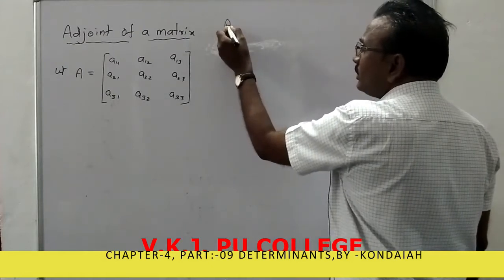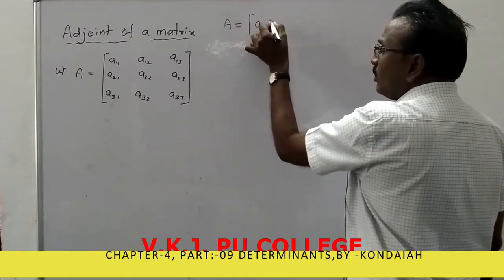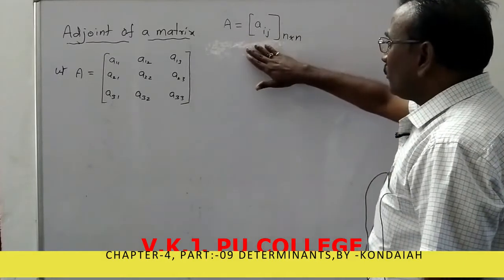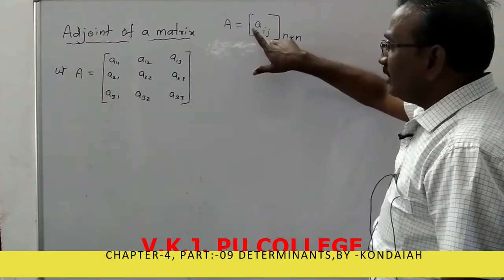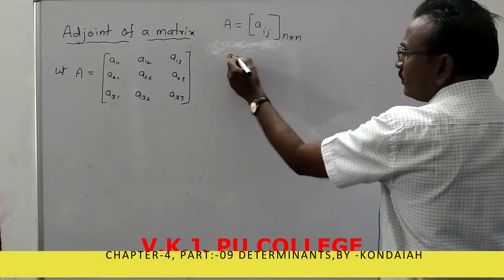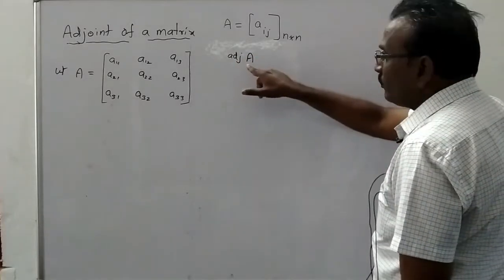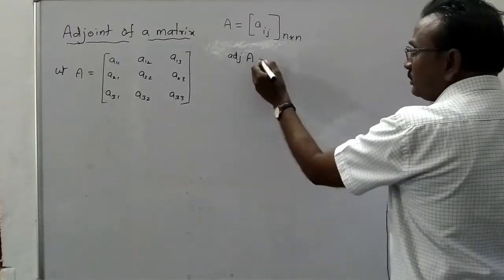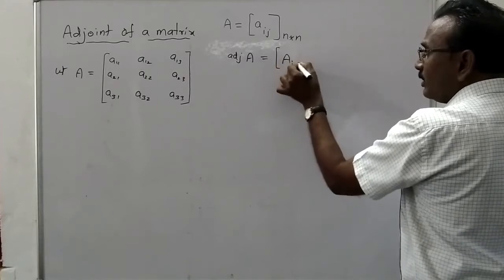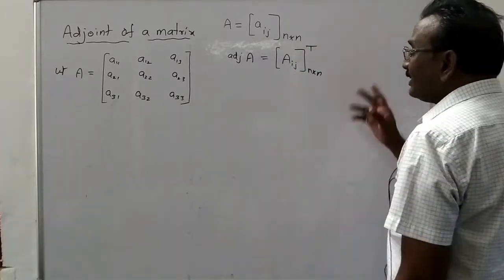Suppose A is a square matrix of order n by n whose elements are Aij, that means A11, A12 and so on. Then the adjoint of matrix A is denoted by Adj A. Adjoint of matrix A is equal to the transpose of the matrix capital Aij of order n cross n.